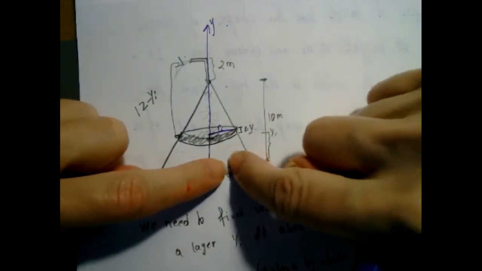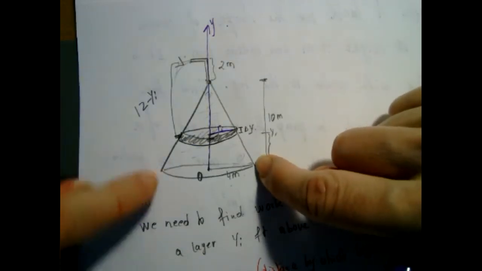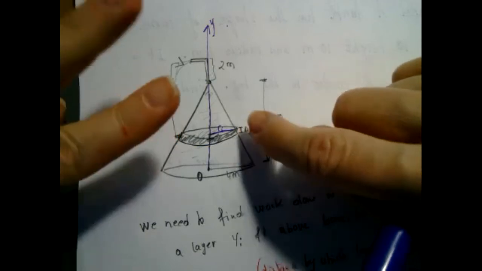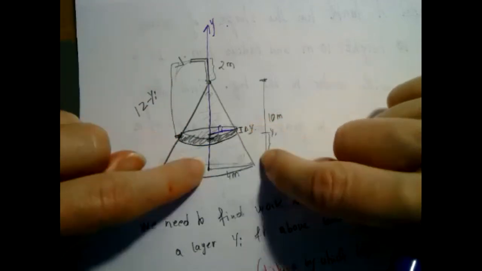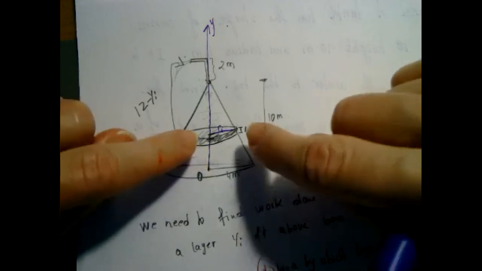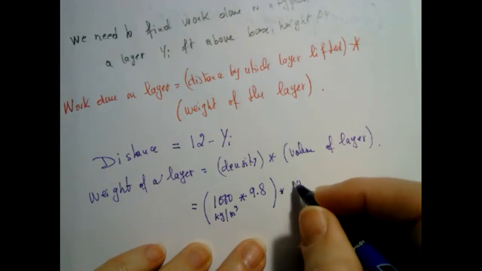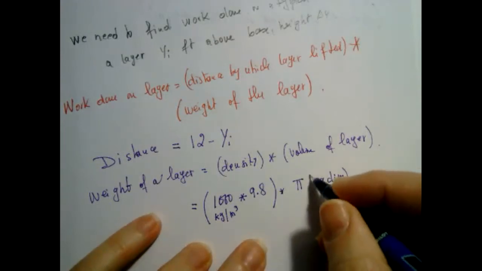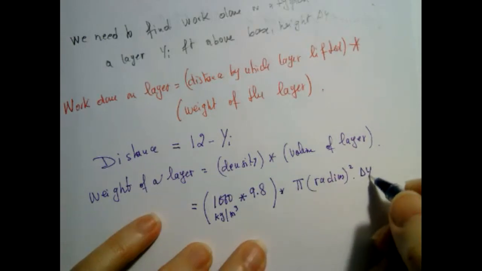Lifting a layer at the bottom is going to be a lot more work than lifting a layer near the top, for two reasons. First, more distance. Second, it's heavier because the radius is much bigger. So the volume of the layer is going to be pi times the radius, which is changing this time because each layer is a disk, times the delta y.